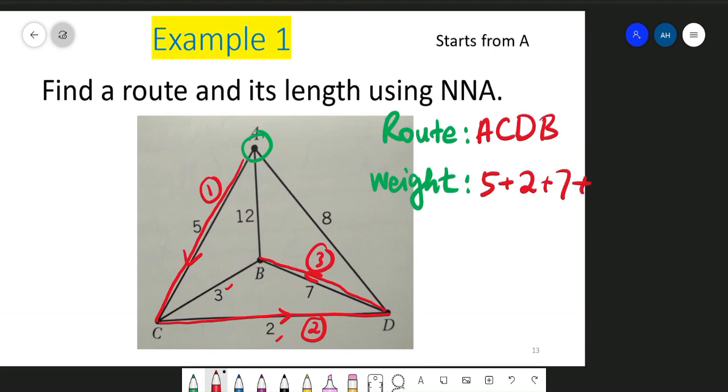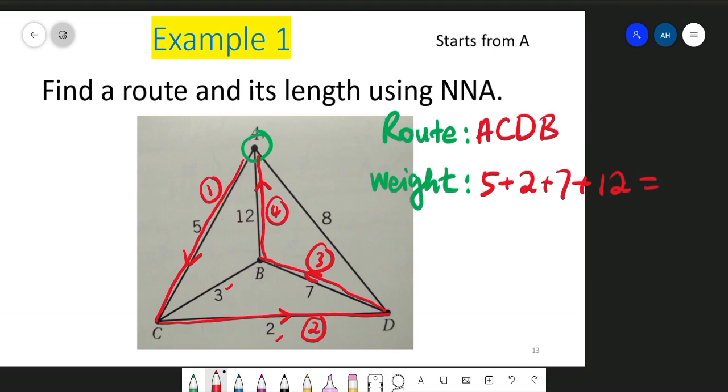From B, we have to return to point A. That is path number 4, and the distance is 12.